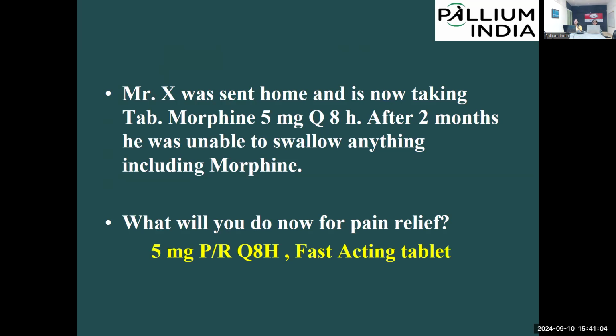As I mentioned, the absorption is almost comparable with that of the oral route. So that would be another option. Yes, you can go for subcutaneous injections also, but what we practice in our home settings, the easiest way for the patient and the family, would be the rectal preparation of morphine. So the same oral tablet can be used rectally.